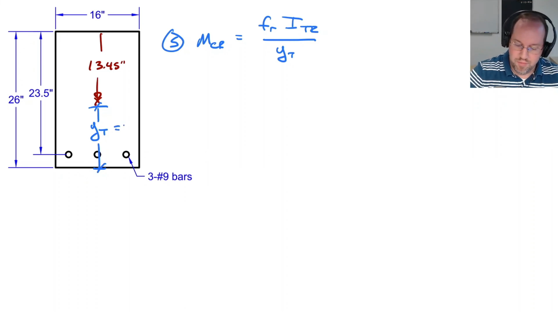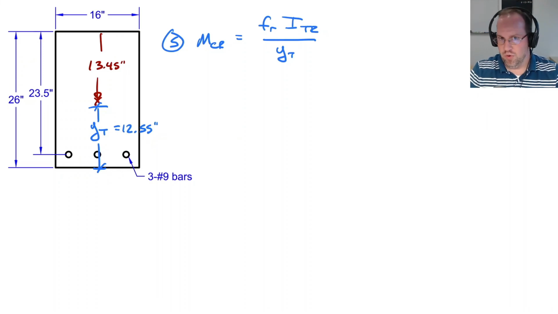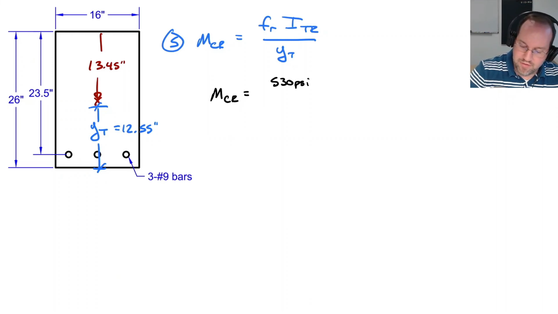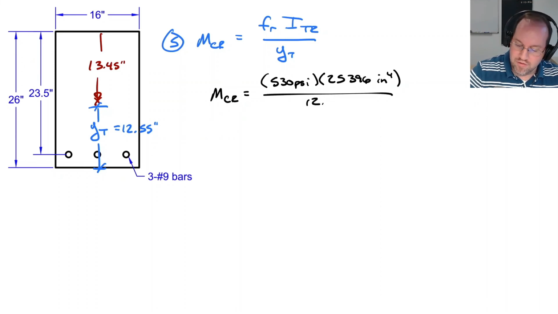That is going to be 12.55 inches out of my total 26-inch section. Putting some numbers to that, M cracking is going to be 530 psi multiplied by my transformed moment of inertia, 25,396 inches to the fourth, divided by the distance, 12.55 inches.